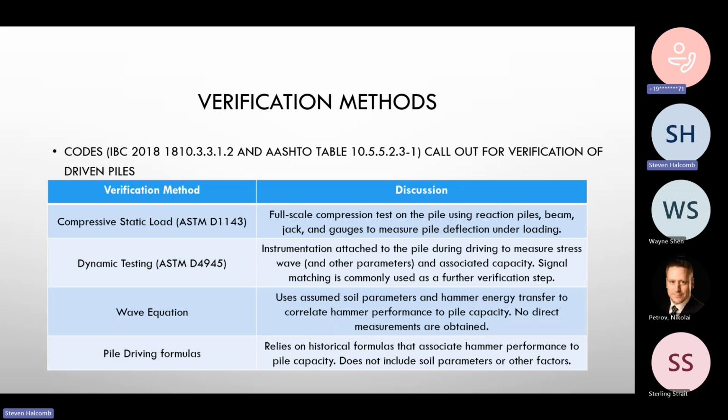You can have the dynamic methods, which is what we predominantly use, and a static method. Static method is when you calculate empirically what the capacity should be, and you apply a reduction factor to that to accommodate the uncertainty.